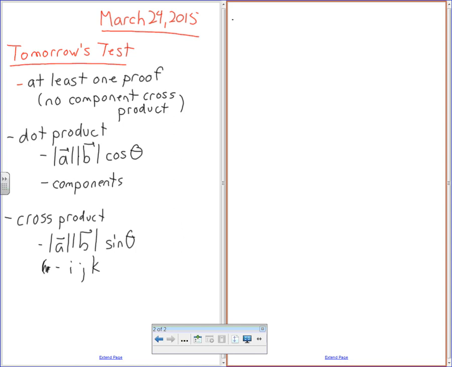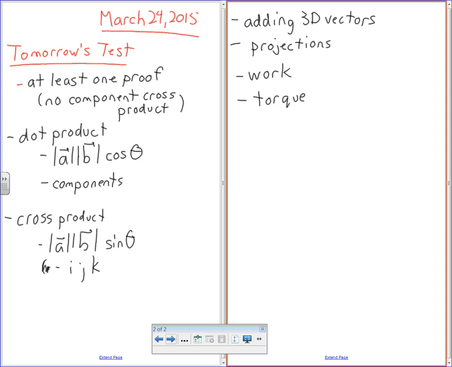Adding 3D vectors. Projections. Work. We're missing torque. Missing anything? What am I missing? What else on the assignment do I miss there?